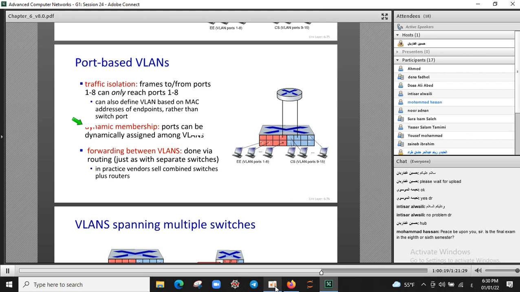The second advantage of VLAN is dynamic membership. You can make some VLAN configuration to accept dynamic membership over different VLANs. Maybe it depends on you, but you can also use static membership.